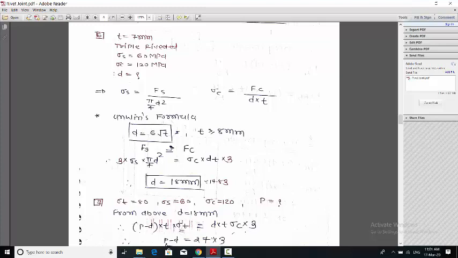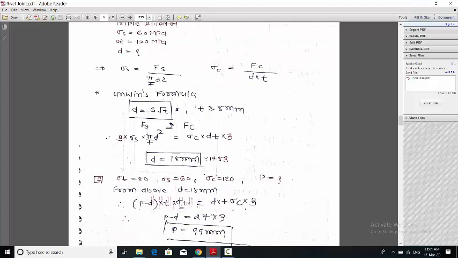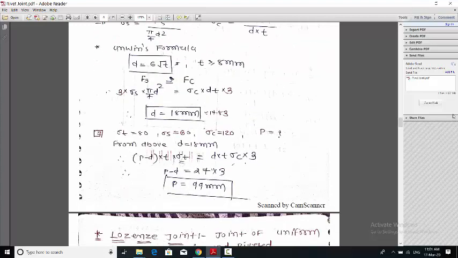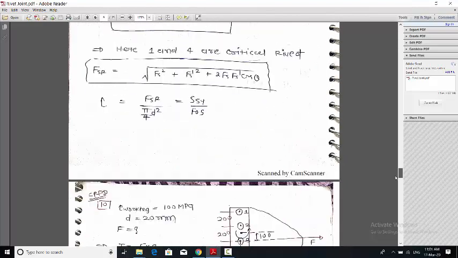So for triple riveted, we put a relation that my shear strength must be equal to my crushing strength. So 3 times sigma s into pi by 4 d square equals 3 times projected area into sigma c. By putting in all the values, you will get diameter almost 17.83, nearly equal to 18 mm. Okay, that is question number 6. Now look at question number 7.